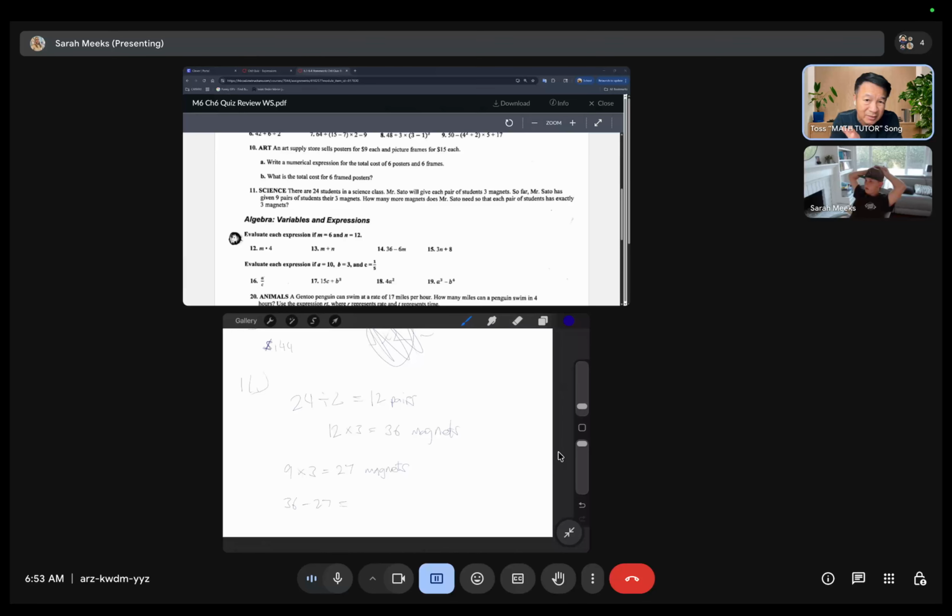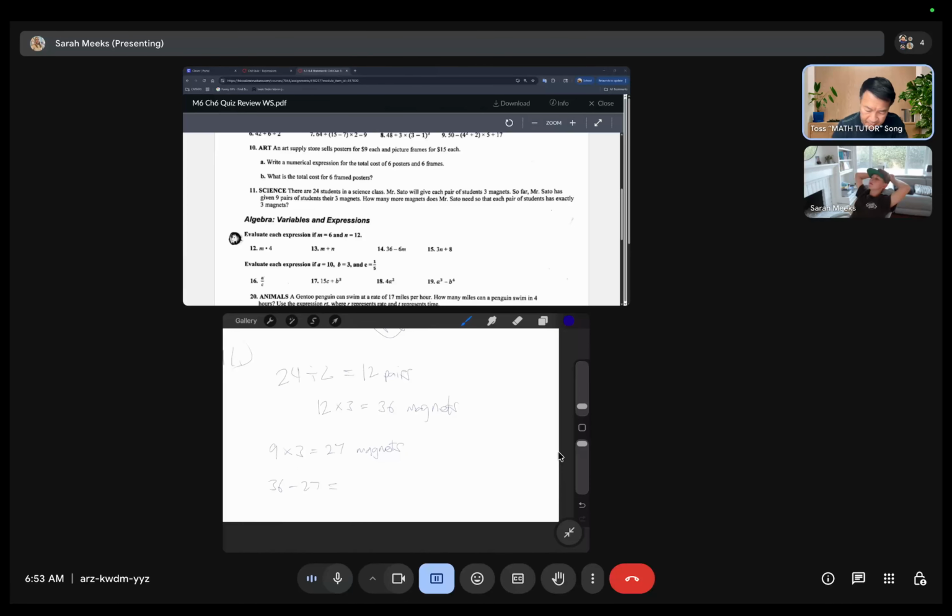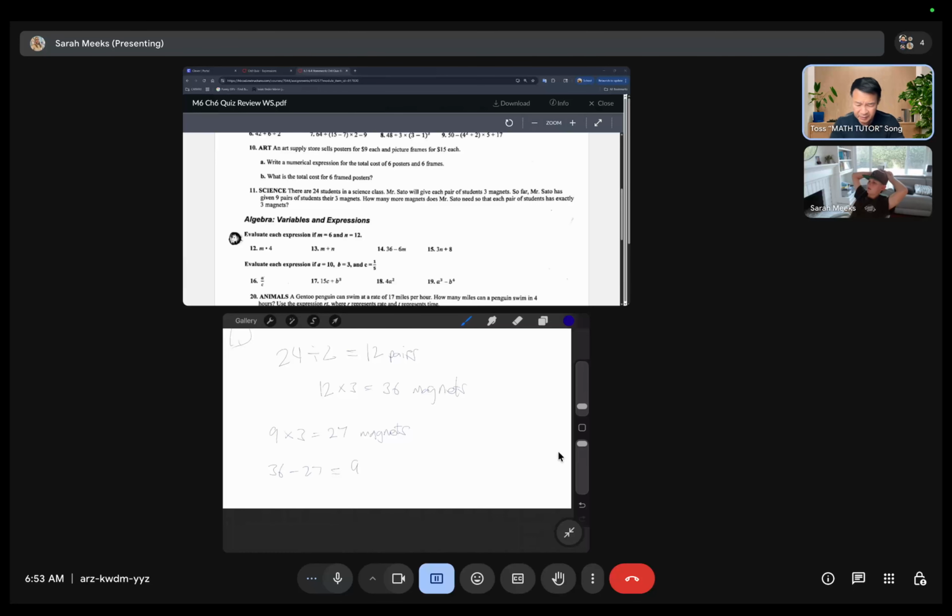But I think it's too challenging. It's too long, I'm sorry, the way this whole made-up story is. But that's it. What is that? 9. So you need 9 more magnets. You can write 9 as the answer, but 9 more magnets.